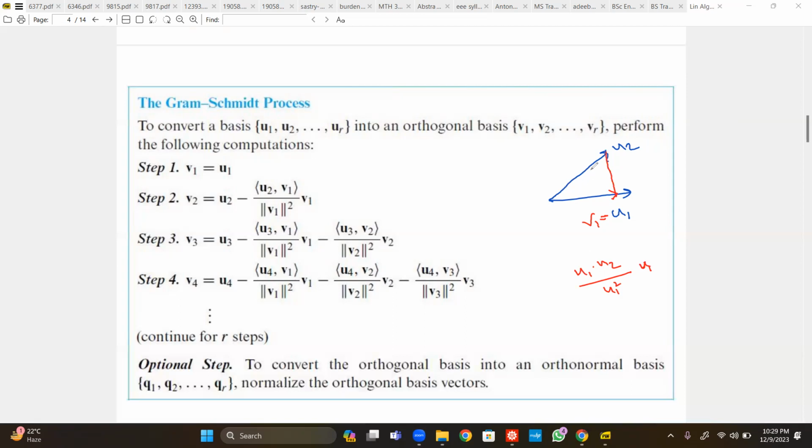Imagine U2 being divided into perpendicular, orthogonal components. Call this one V2. How do we find V2 from U2? All you have to do is subtract this component from U2. What you get is V2, because simply U2 is V2 plus this component. I just transferred the component to the right-hand side.